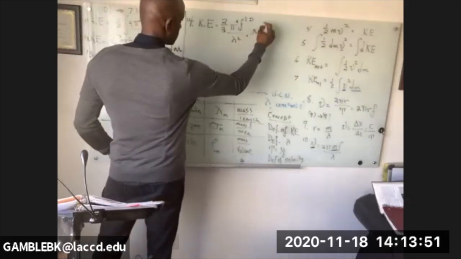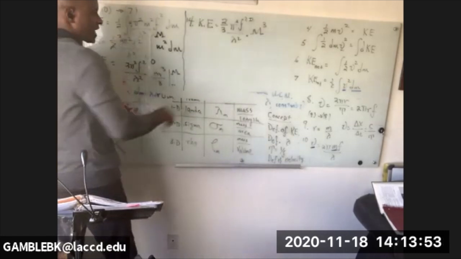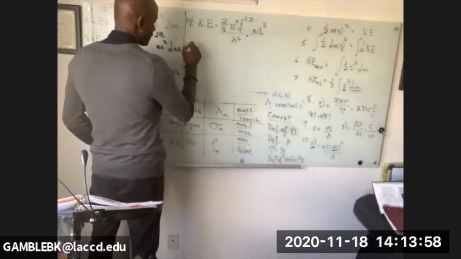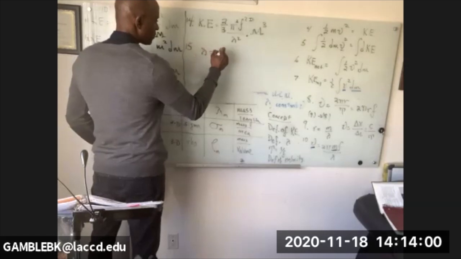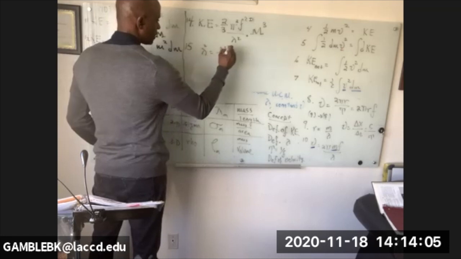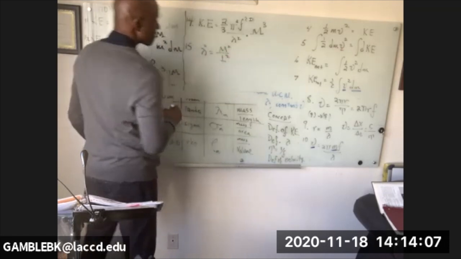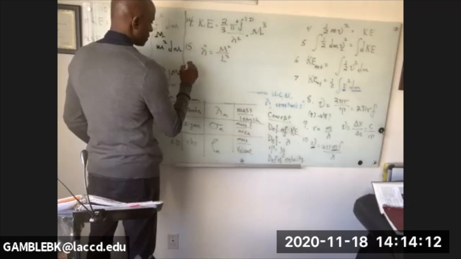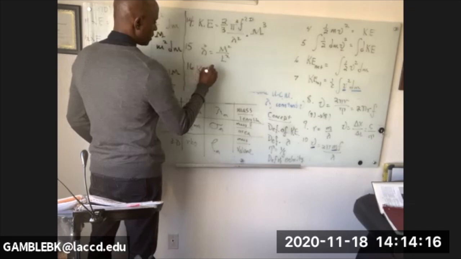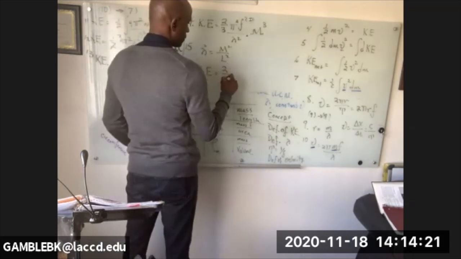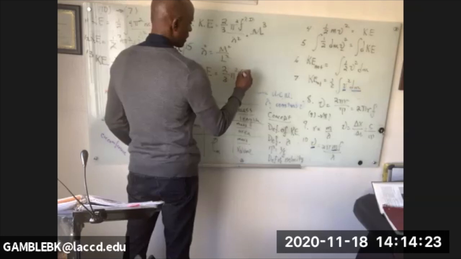But that's a little bit messy, and I don't actually know what lambda is, so I have to put that back in. So I can use the definition that lambda is equal to M over L. So lambda squared is equal to M squared over L squared. So when I substitute that in, I get that the kinetic energy, KE, is equal to 2/3 pi squared f squared.